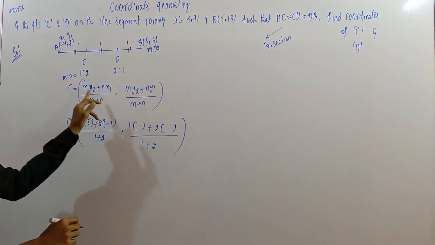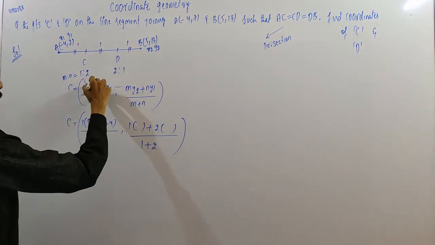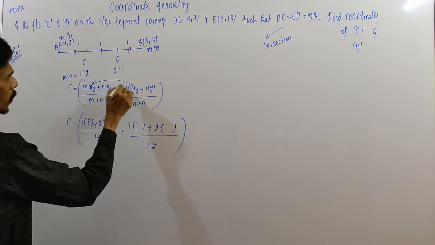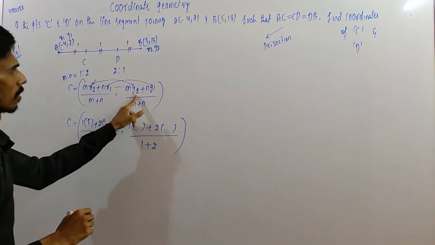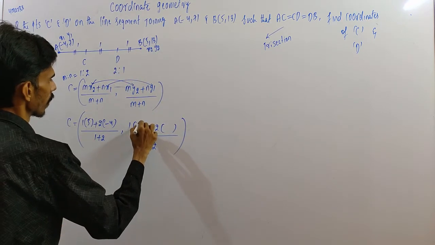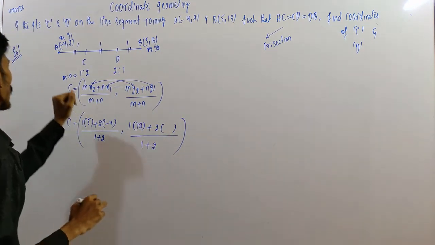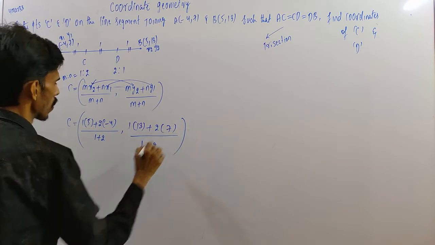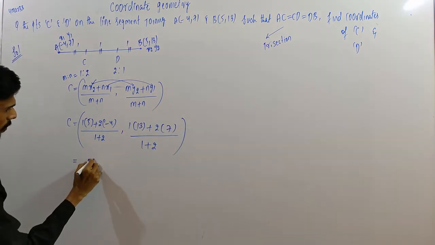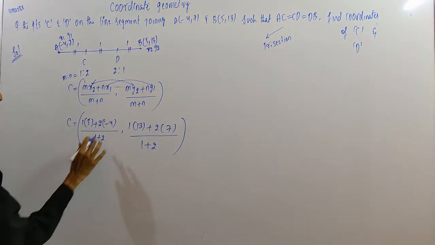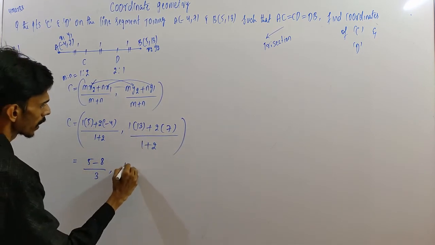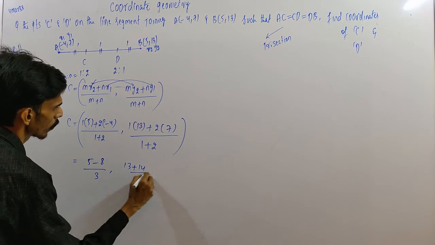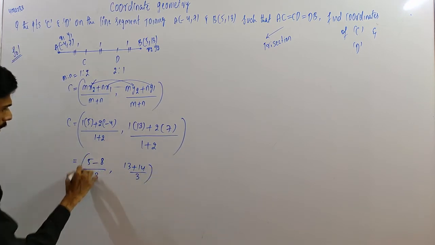Since m, n, everything is same, only x2 will become y2 and x1 will become y1. So keep bracketed. y2 value is 13, y1 value we have 7. So 1 into 5, 5 plus 2 into minus 4 we have minus 8, divided by 3. 1 into 13, 13 plus 2 into 7, 14, divided by 3.